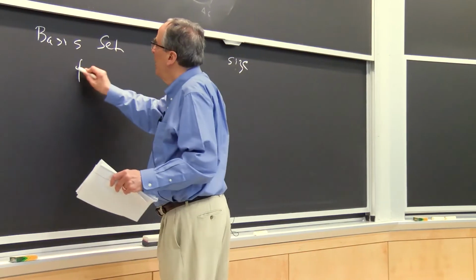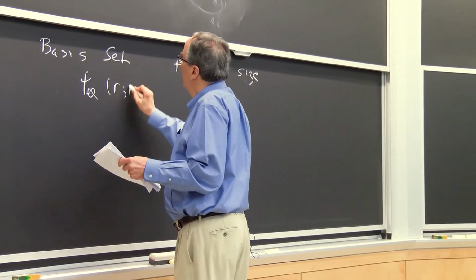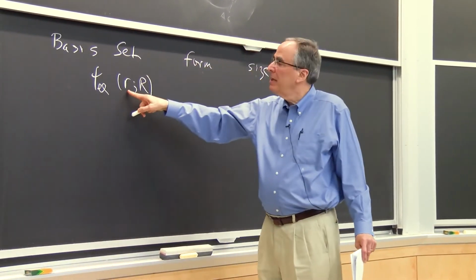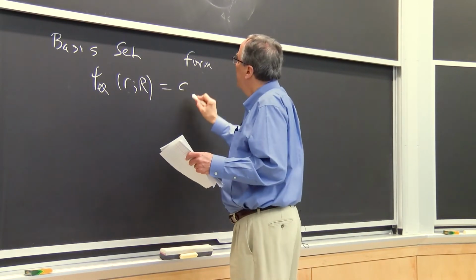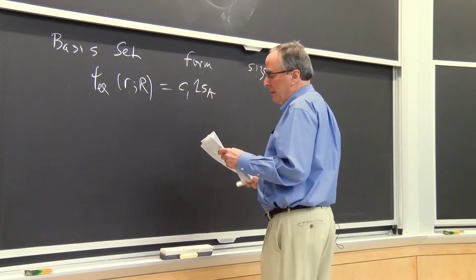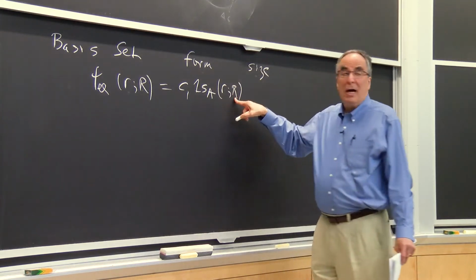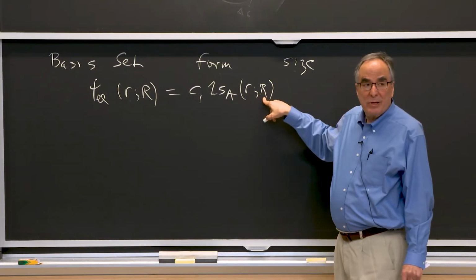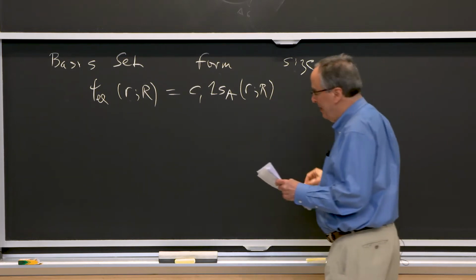So our electronic wave function will be a function of electron position and parametrically nuclear position. C1, 1s, A, R. I'm going to stop including this parametric dependence on R, but eventually I'll do that.